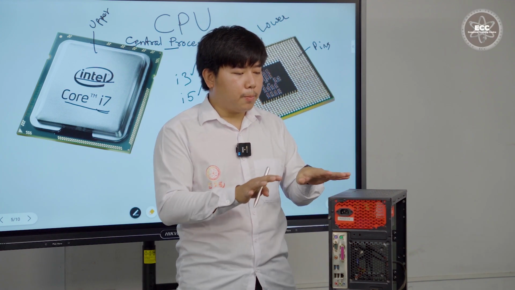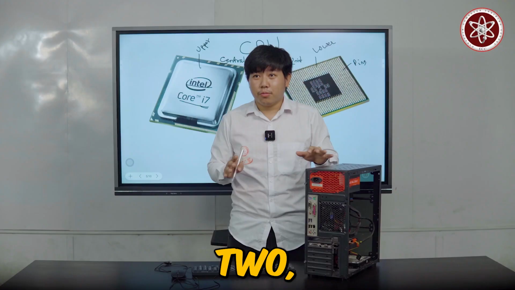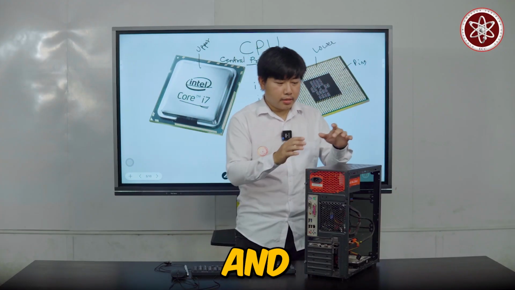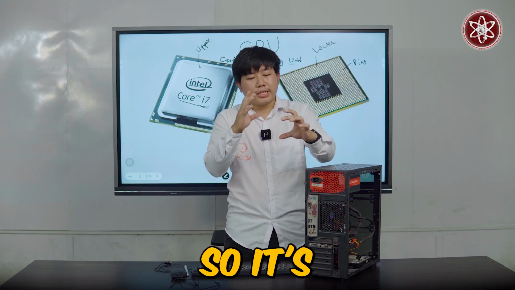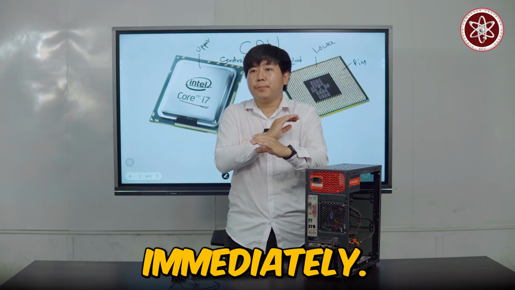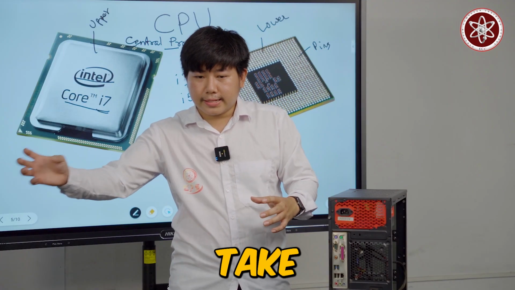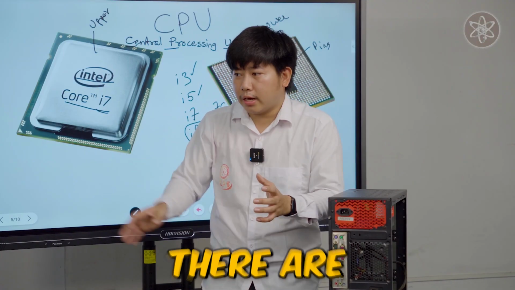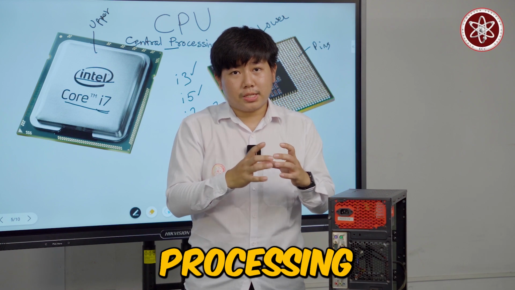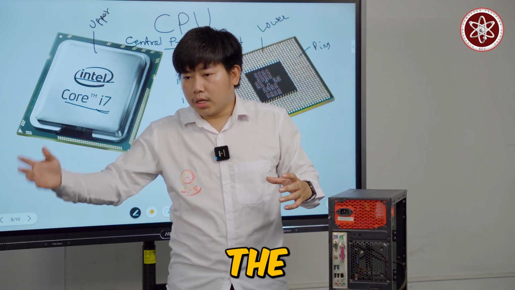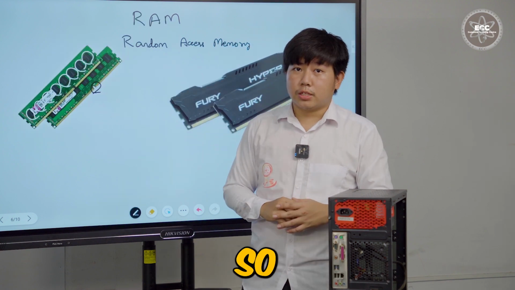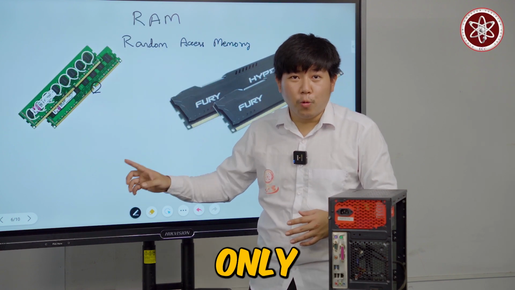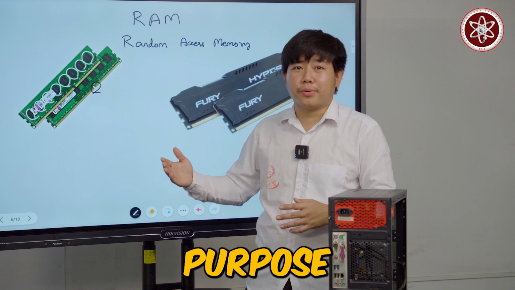Let's say I'm playing Dota 2. It's a game, and everything needs to be processed, but the CPU has a limit, so it's not going to process everything immediately. It takes some parts, processes them, and there are some parts left. While it is processing the previous ones, the things that need to be processed are stored in the RAM. So that's the main and only purpose of RAM.